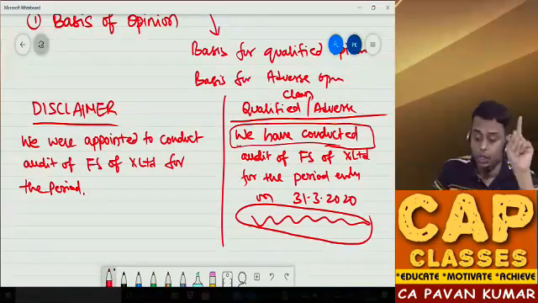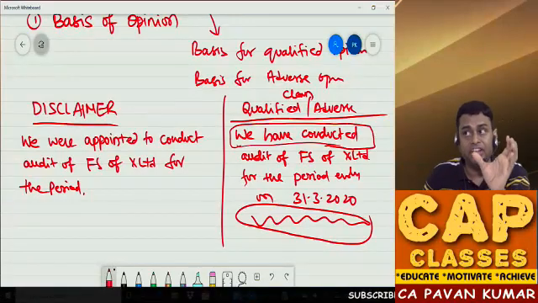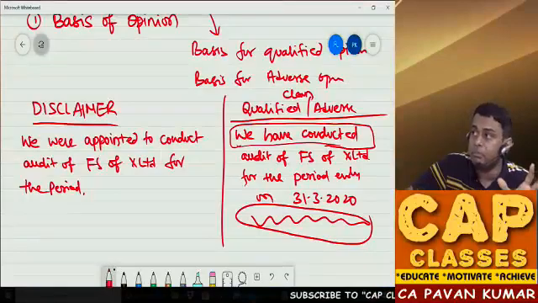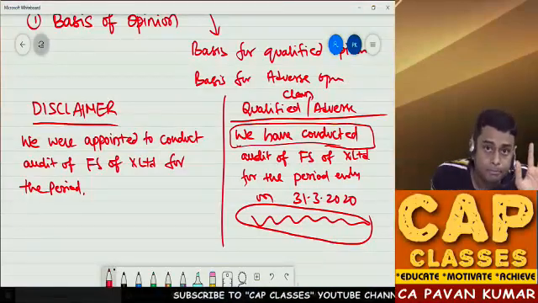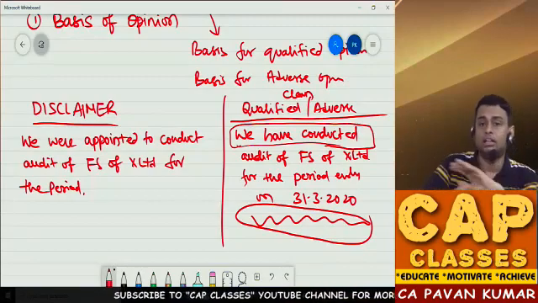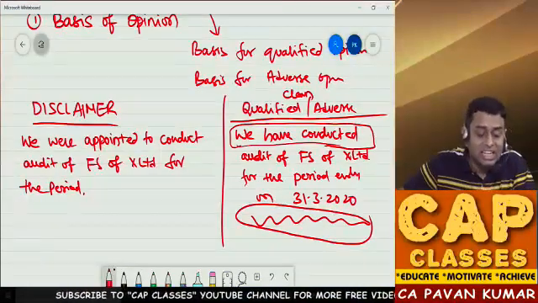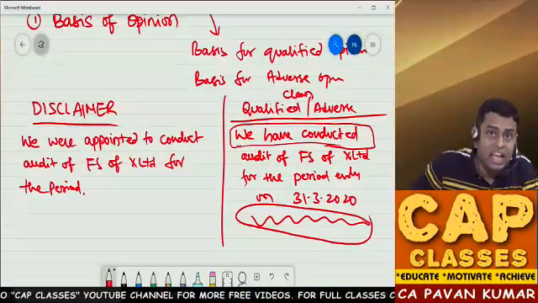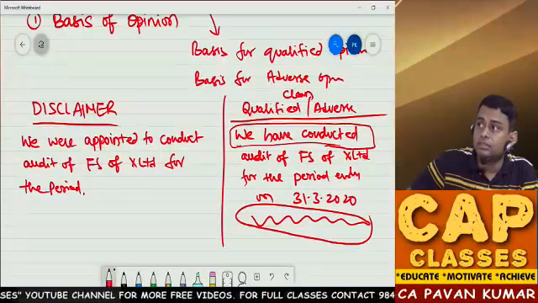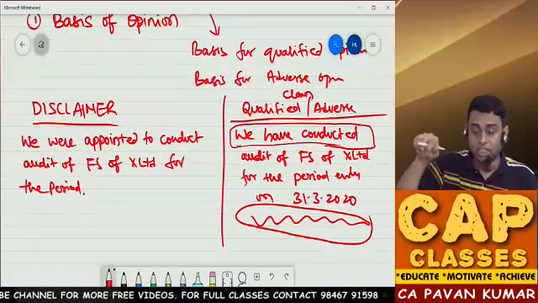What is that? Usage of the phrase we have conducted audit is prohibited when you are going to disclaim. You understand? That's it. This is all about CA 705. You understand it? This is all about CA 705. Any doubts in this?